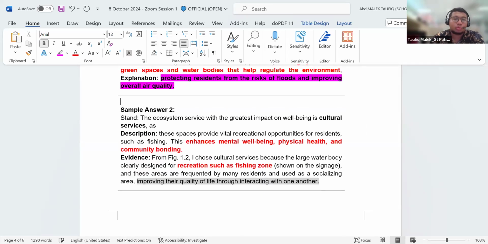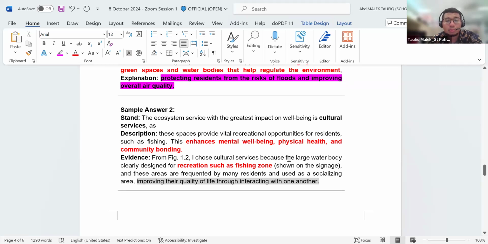Sample two. The ecosystem with the greatest impact on well-being is cultural services. Then followed by my description: these spaces provide vital recreational opportunities for residents such as fishing, and this enhances mental well-being, physical health, and community bonding. So my explanation is already here, right? Then I use my evidence from figure 1.2.